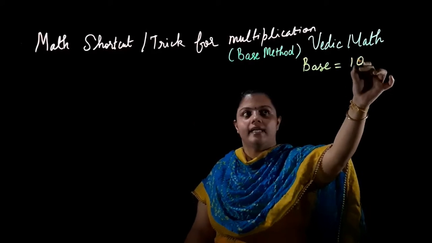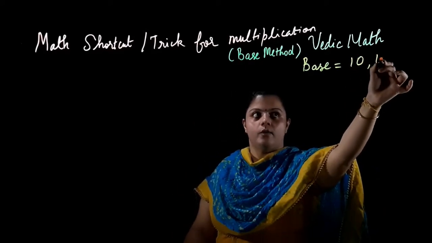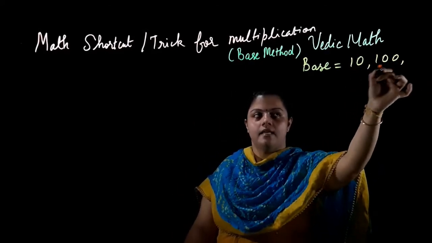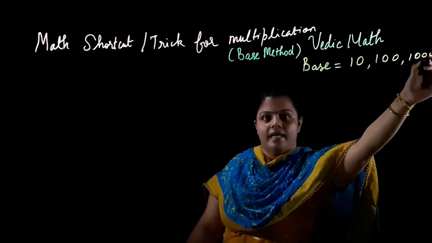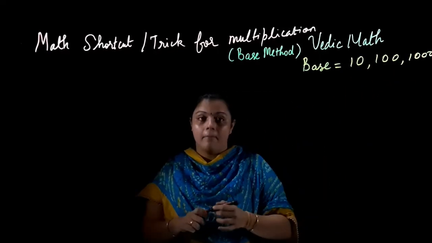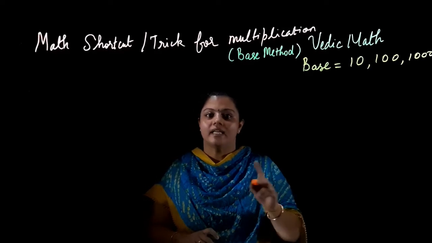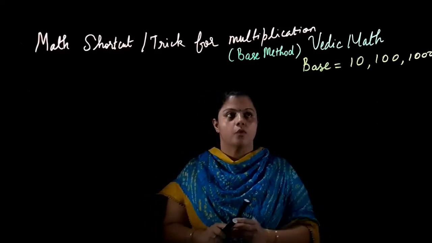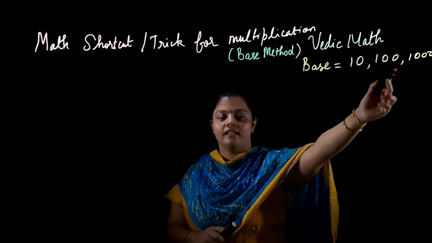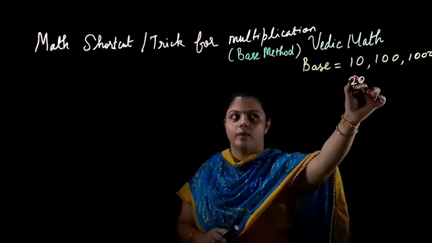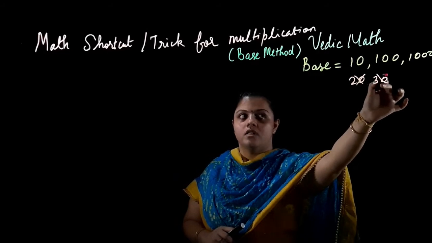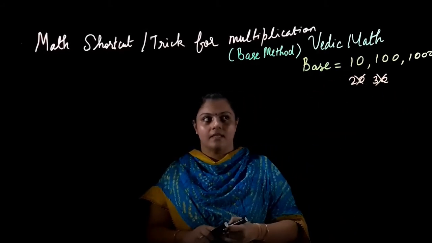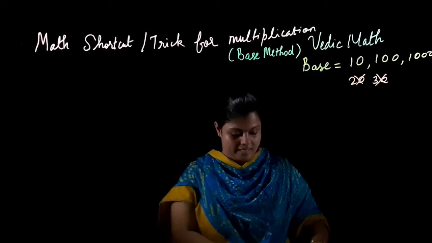That is, you can take 10 as a base, 100 as a base, 1000 as a base and so on. But you cannot take 20 as a base or 30 as a base. Remember, you can take only 10, 100 and 1000 as a base, and not 20, 30 which come in between.